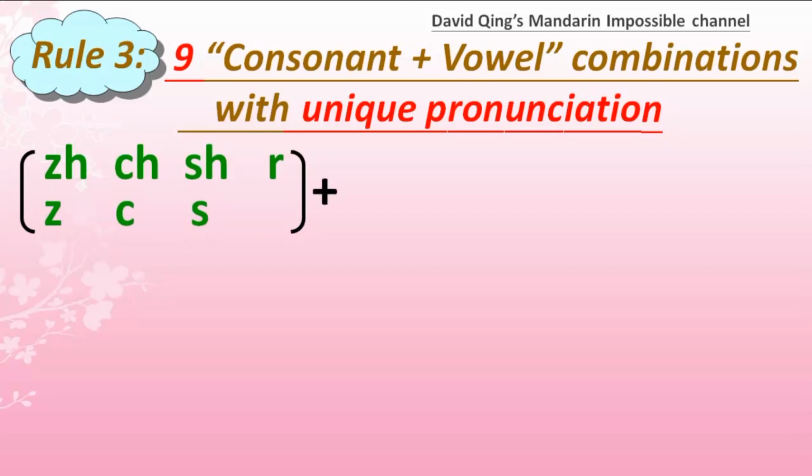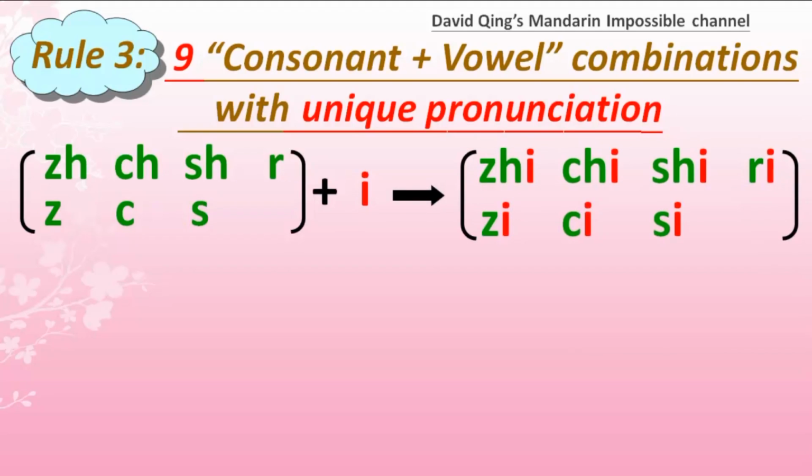When these consonants are combined with the vowel e, the pronunciation does not change. These combinations are pronounced as the original consonant-only sound. They are still pronounced zh, ch, sh, r, z, c, s.